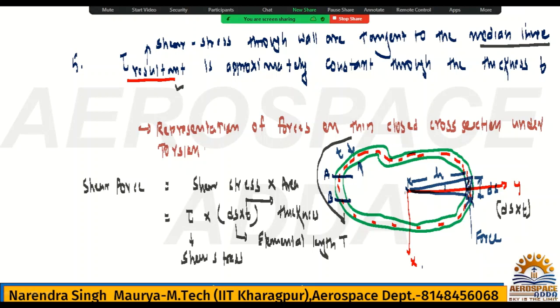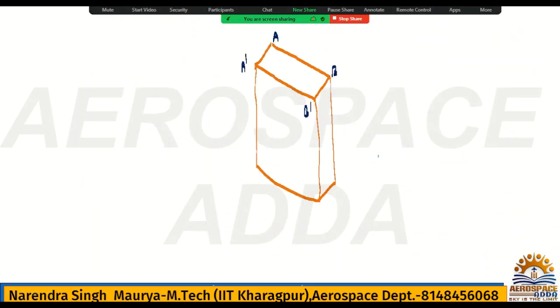Obviously z means perpendicular to the plane. Separately you can take this is z and this is y, and this is x and this is y. So about z you have to take the force balancing. I can say perpendicular to the xy plane, this length will be dz.